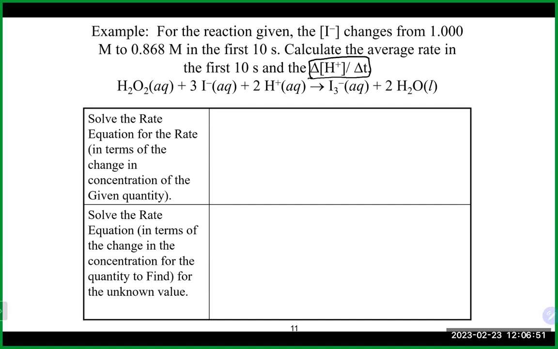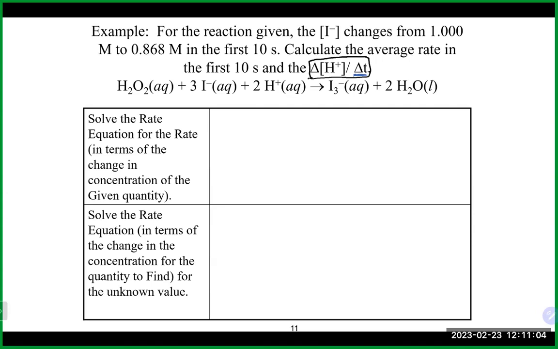I don't know if your delta T is on your handout or not, but we're looking for the change in concentration of H plus over the change in time, what that equals. So I don't know if that's still on your handout or not, but add that to it. That's what we're looking for.